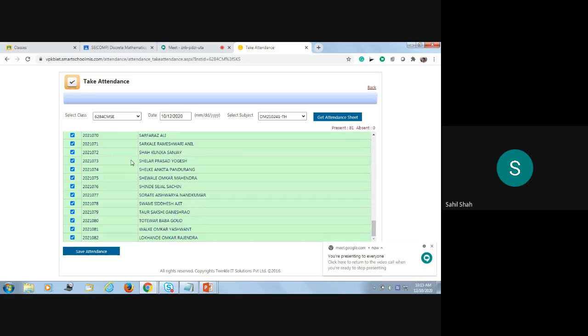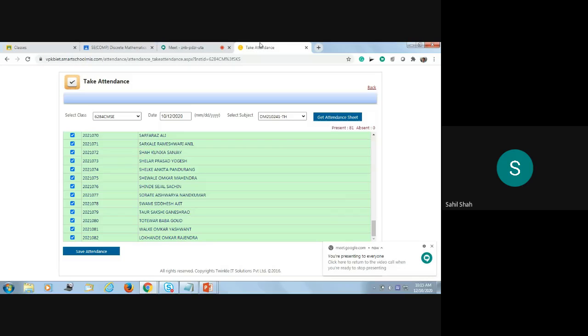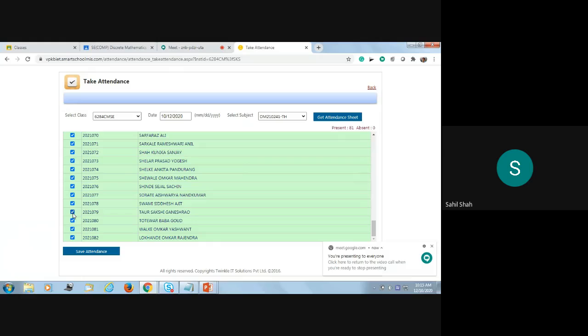Lokhande Onkar, Totevar Baba. Okay, you can leave, those who have given attendance. Tor Sakshi, Swami Siddesh, Sorte Aishwarya. Shinde Sejal, Shevle Omkar, Shelke Ankita.